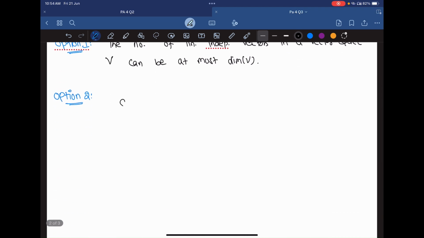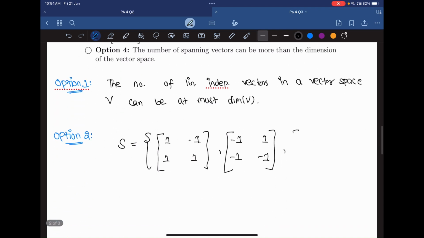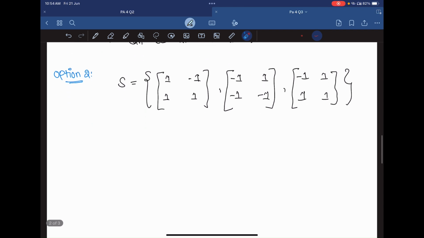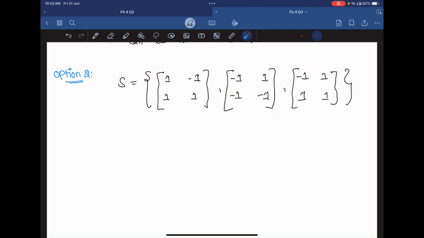So consider the set S. If we put down these matrices, we need to find the dimension of the spanning set of these matrices. For that, first we can try checking whether these matrices are linearly independent or not.